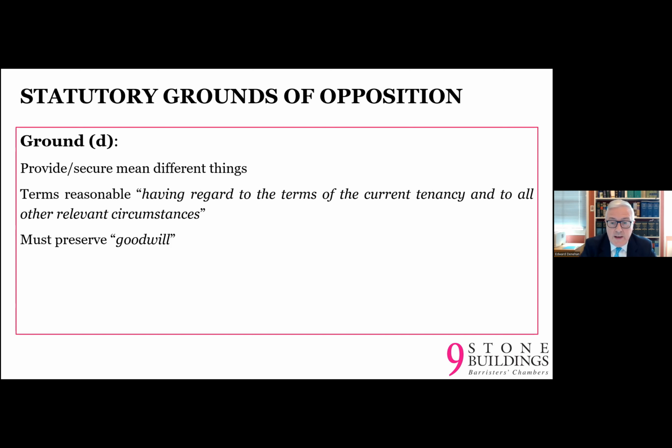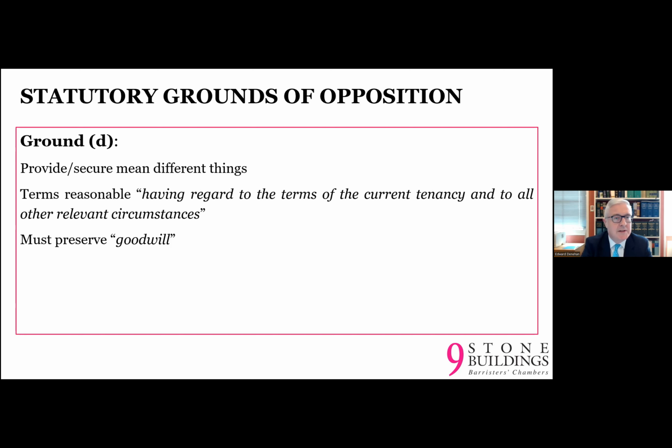Self-evidently, if the rent is greater, that's unlikely to find favour, even if the premises are, in inverted commas, better, bigger, for example. The tenant's happy in its current premises, doesn't want bigger premises at greater rent. If some other financial burden is placed or increased upon the tenant, increased service charges, for example, different regime for the collection of service charges, as in the OMA case, then that's unlikely to find favour.